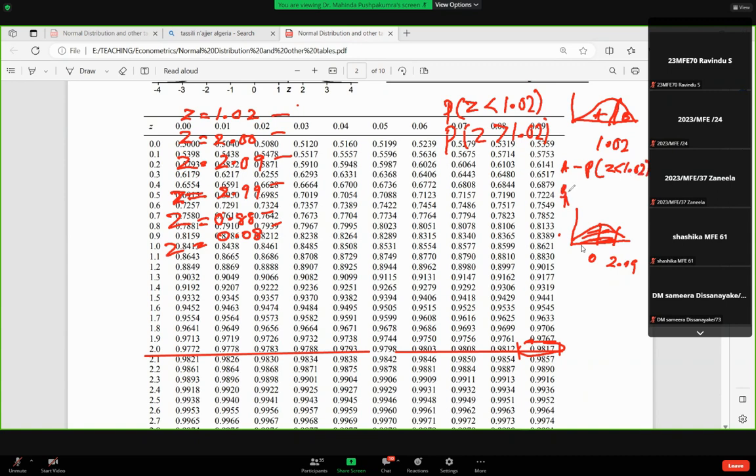B means the probability that Z value is greater than 1.02. What is the probability related to area A and area B?